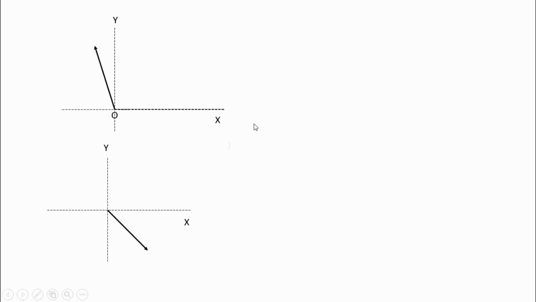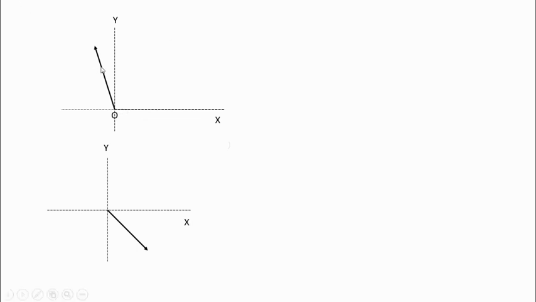The x and y axes of the coordinate system are sometimes useful references to specify the direction of a vector.